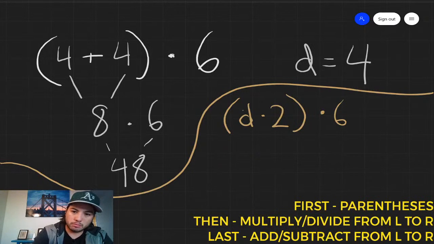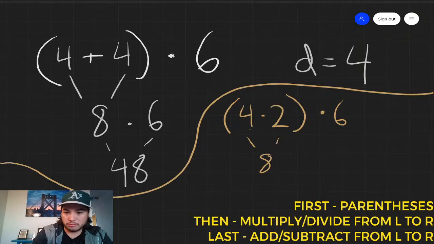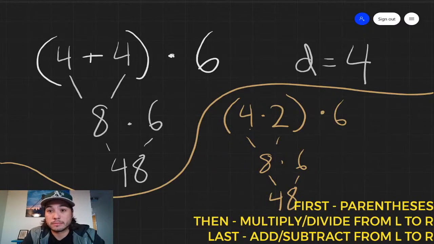Substitute in your 4. 4 times 2 is, well, that's 8 times 6, 48. So yeah, I would definitely agree that D plus D is the same as 2 times D.